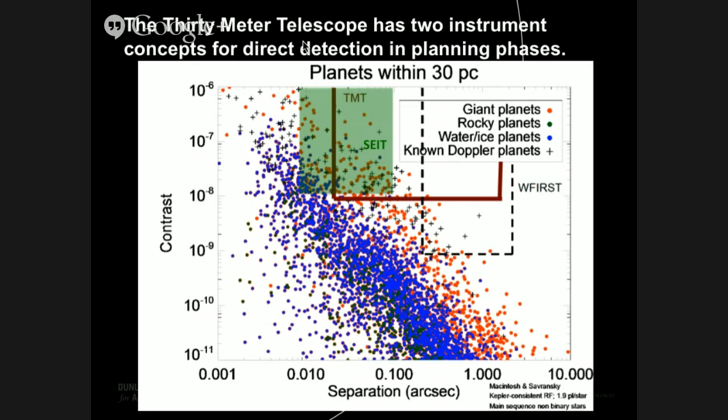And it's going to try to do something crazy and probe even at closer separations to hit even a larger swath of this water ice planet population. So stay tuned, I hope. These instruments are a long way in the future, but I think this is where things will be very, very interesting in the next 20 to 30 years for direct imaging.